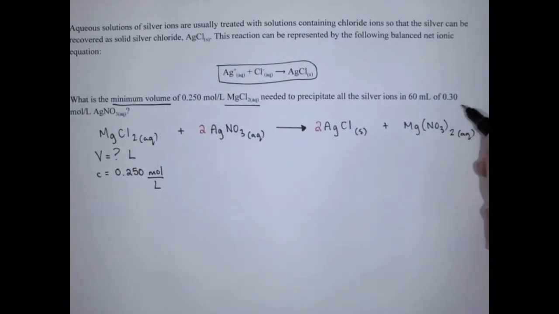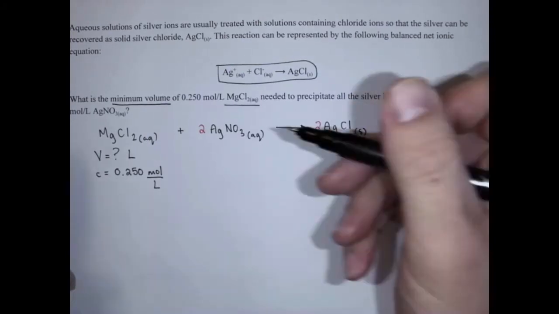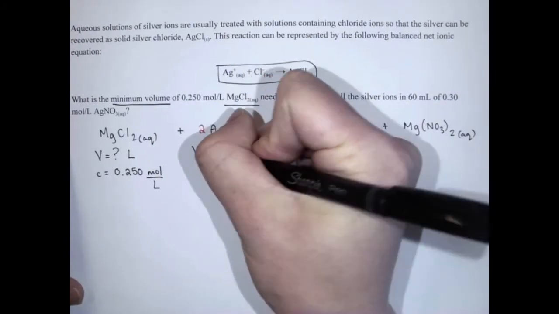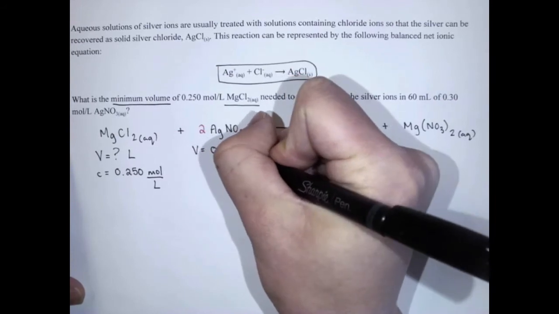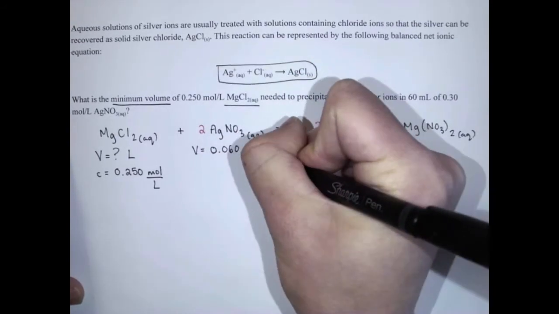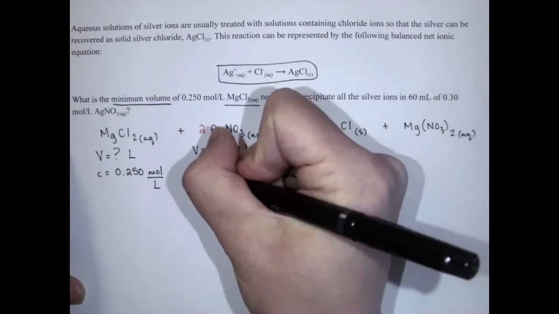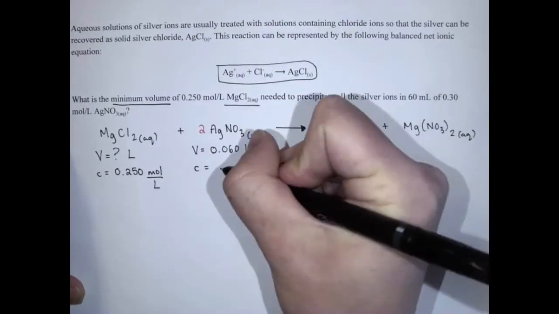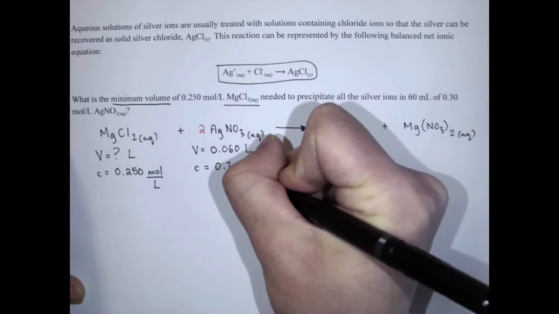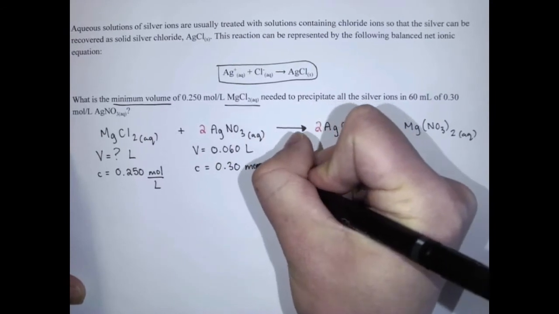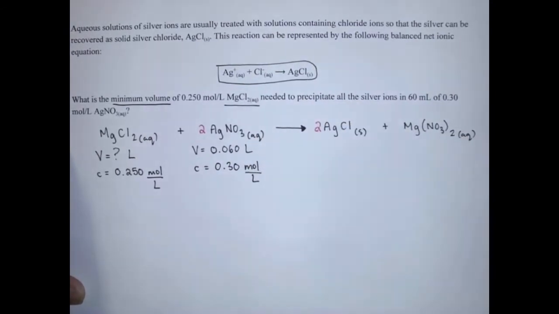And we have some information here about silver nitrate. We know that it has a volume of 60 mL, and when we convert that to liters, we get 0.060 liters. It's got a concentration of 0.30 moles per liter.